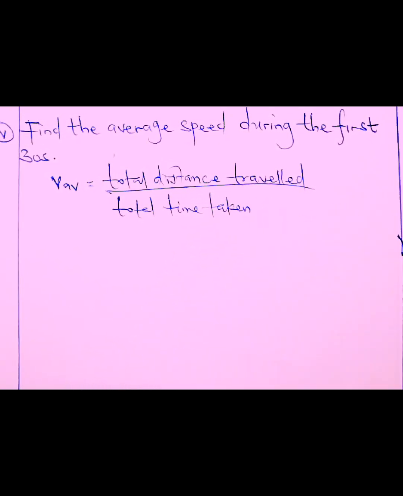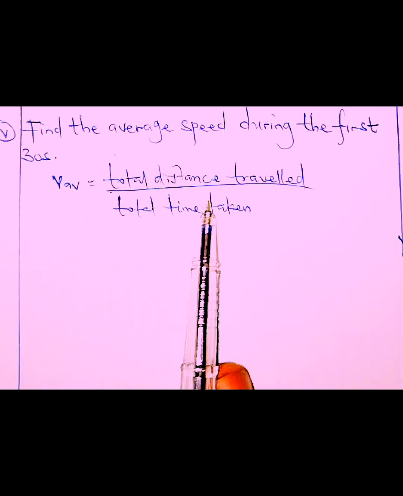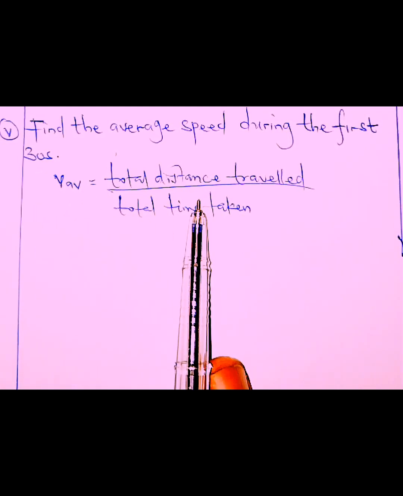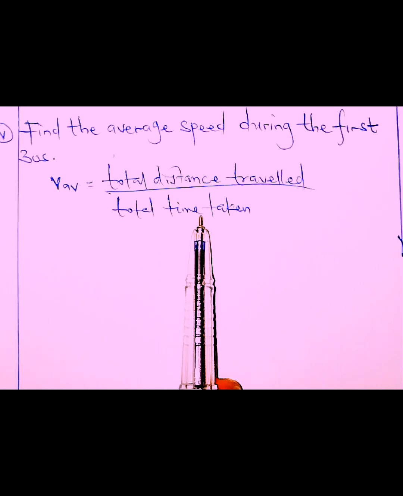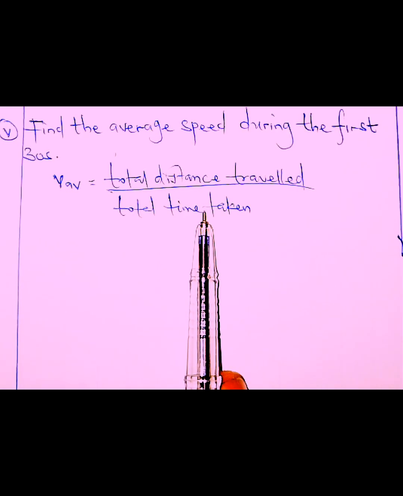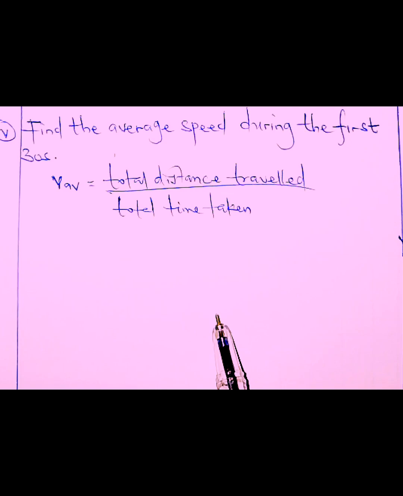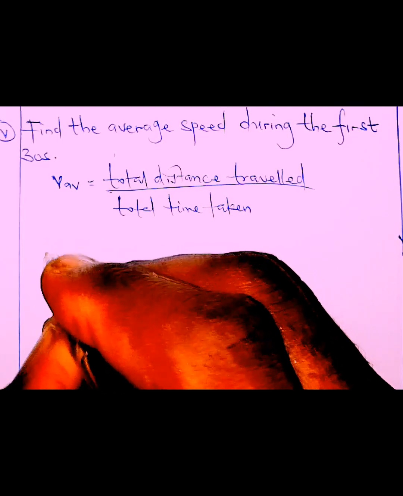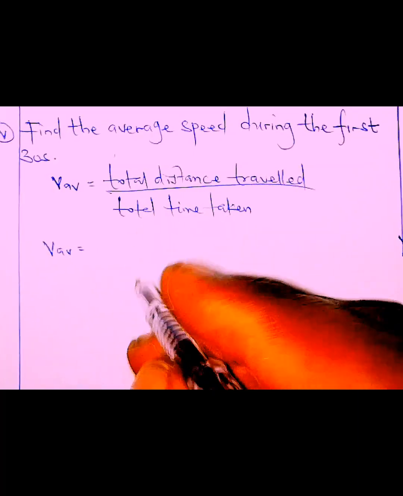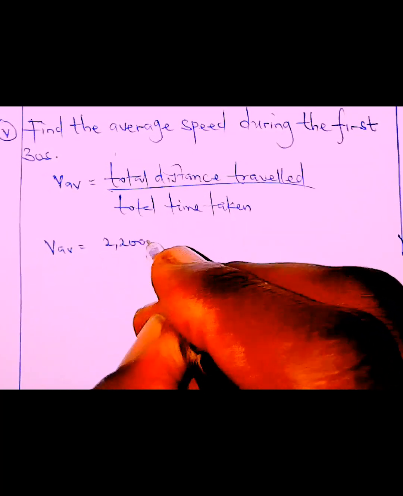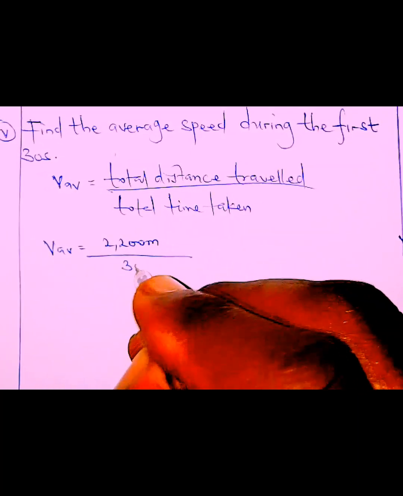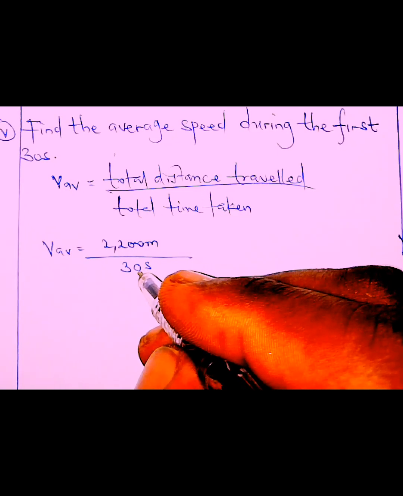Now, don't forget we have the total time taken already as 30 seconds. So what was the total distance we got over 30 seconds? As stated, the total distance traveled over 30 seconds was 2,200 meters. So the average speed is the total distance traveled, 2,200 meters, divided by 30 seconds. As easy as that.